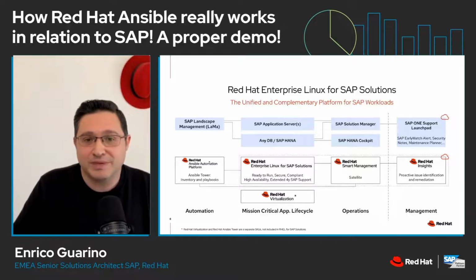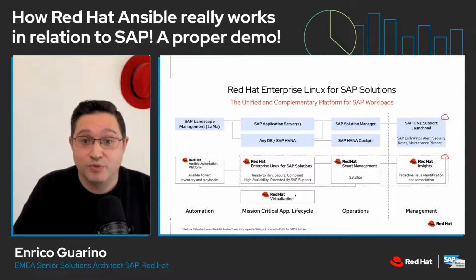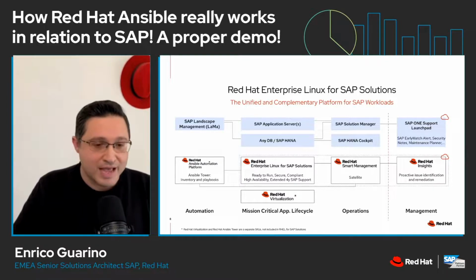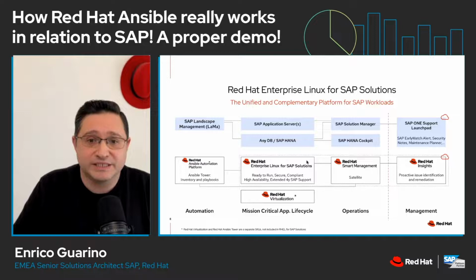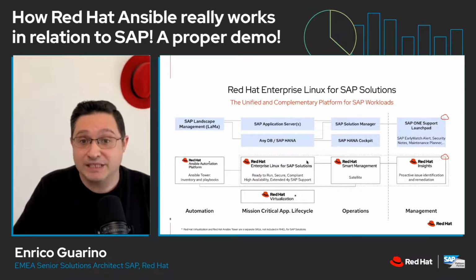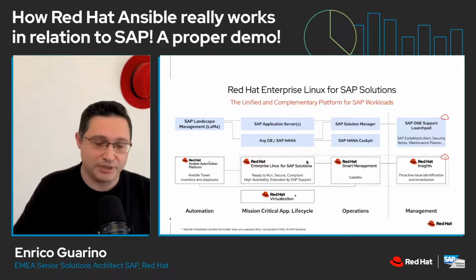So smart management combines the capability of Satellite with the simplicity of management from the cloud. And of course, Red Hat Enterprise Linux for SAP Solutions provides the capabilities and tools needed to operate a high-performing and stable environment for the SAP landscape.